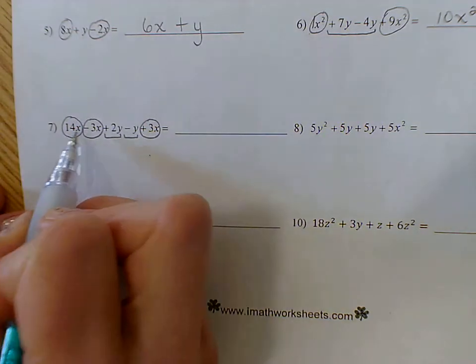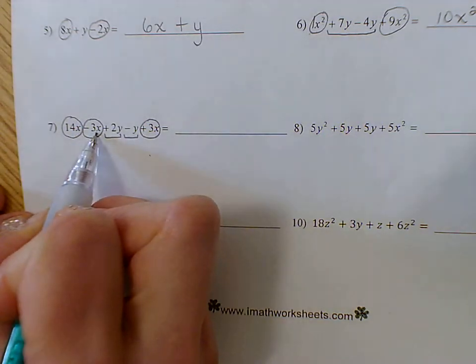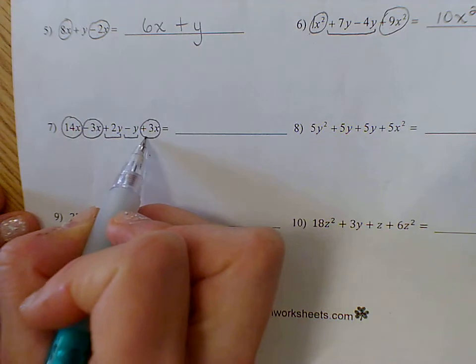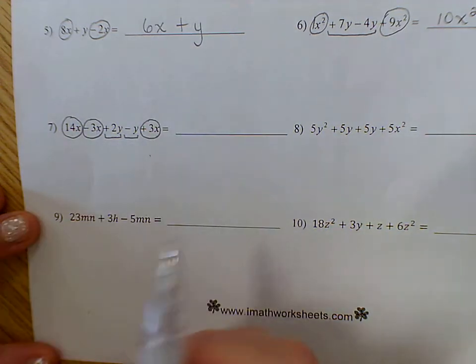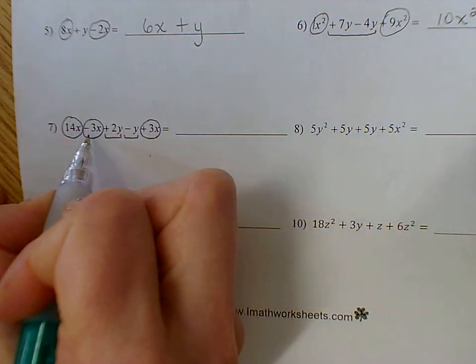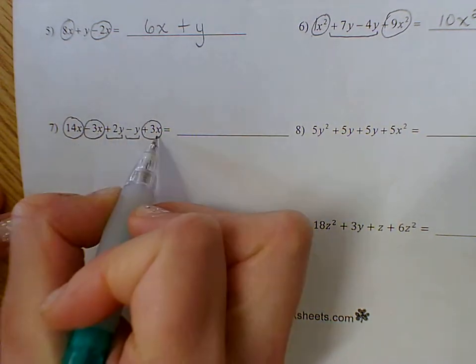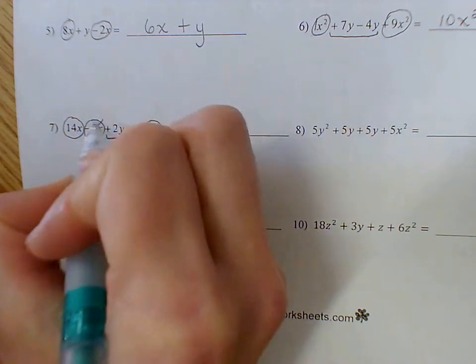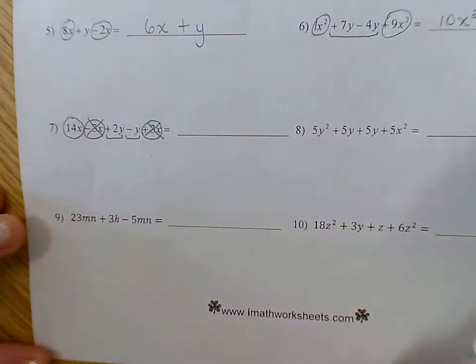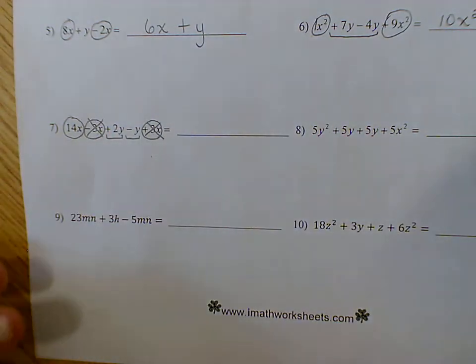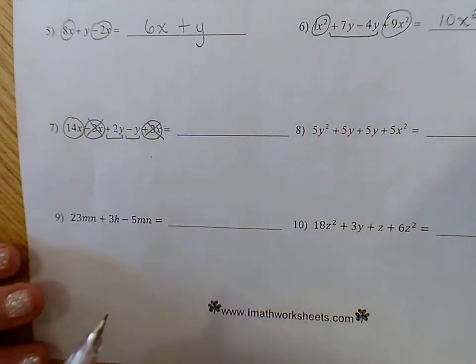You could take 14x minus 3x and figure out what that is, and then add 3x, and then you'll get it. Or if you look ahead, negative 3x plus 3x, negative 3 plus 3 is 0. So those actually cancel out. And if you recognize that, you can just cancel them out. If not, it'll still give you the same answer, okay?